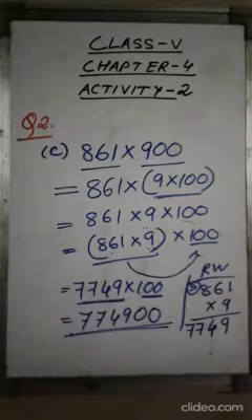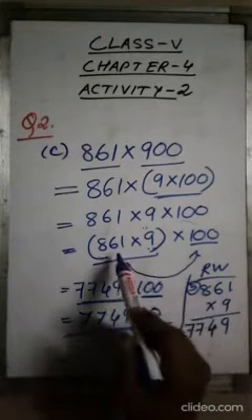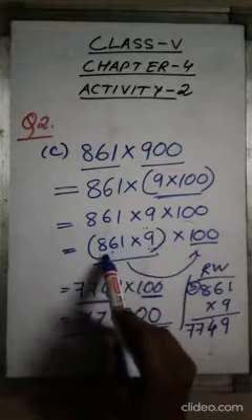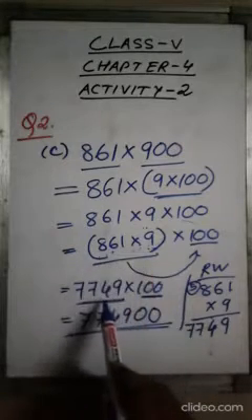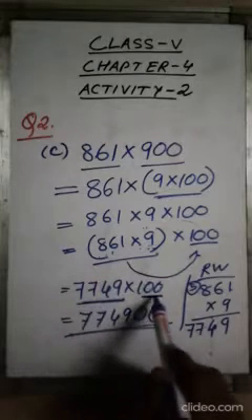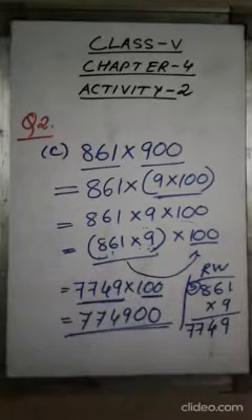This way you have to find the answer. Just remember, you have to multiply the numbers within the bracket first. I have multiplied this number and this number first, then I have to multiply it by 100.